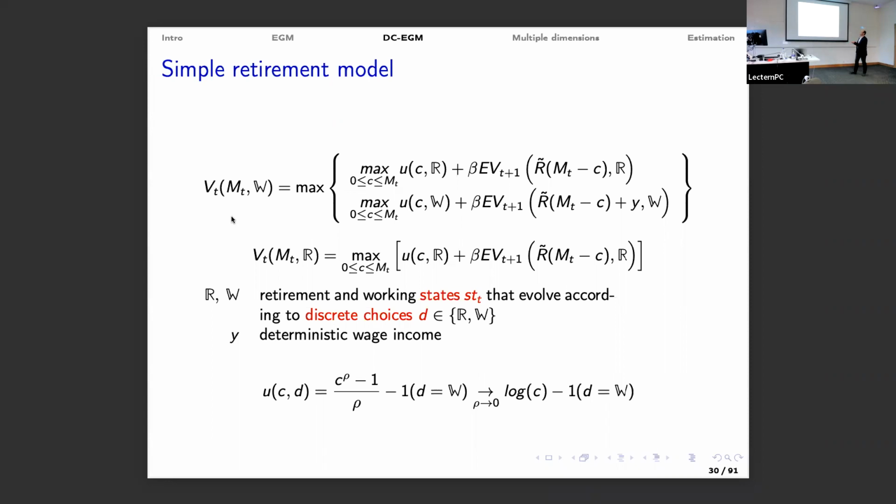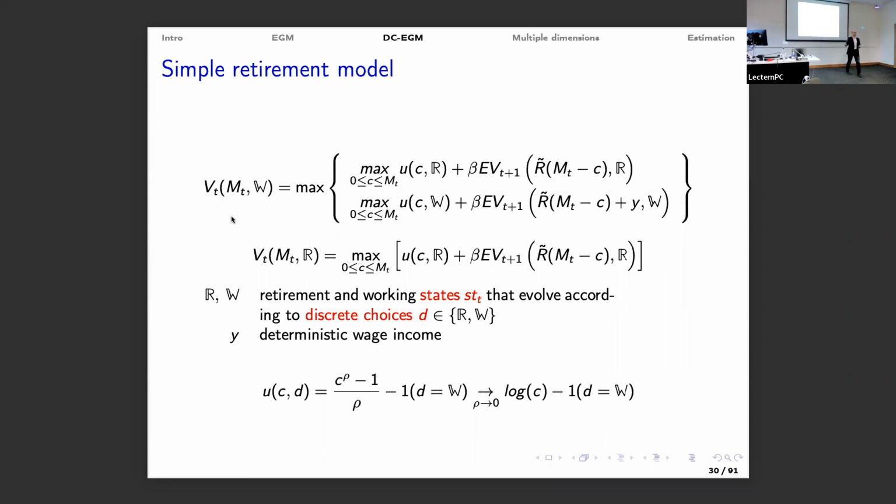demonstration of the method. If you're a worker, then there is a choice of remaining a worker or retiring, and therefore we have these two expressions written as a maximum, right? That's the discrete choice of retirement and staying at work. If you remain a worker, then you have a special punishment in the utility function, the disutility of work, which is an indicator.